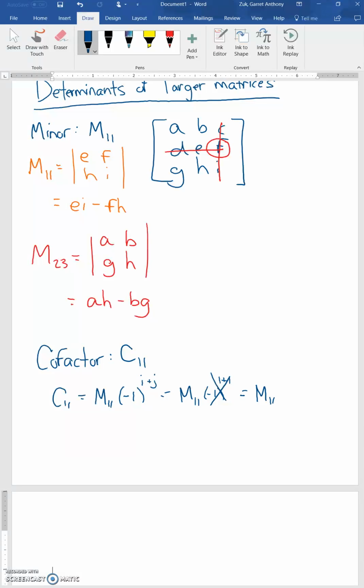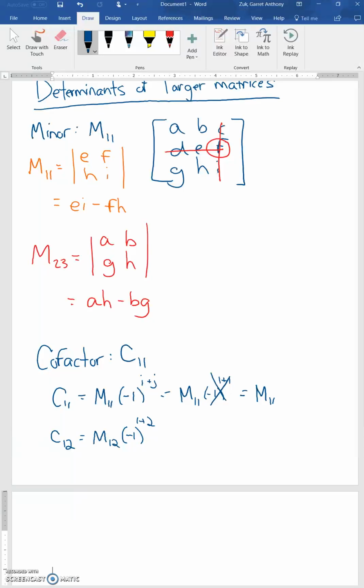Now let's look at a different example. Our cofactor at, let's say, 1, 2, so still in the first row but the second column. Well, now we're looking at the minor at 1, 2 times -1 to the power 1 plus 2.